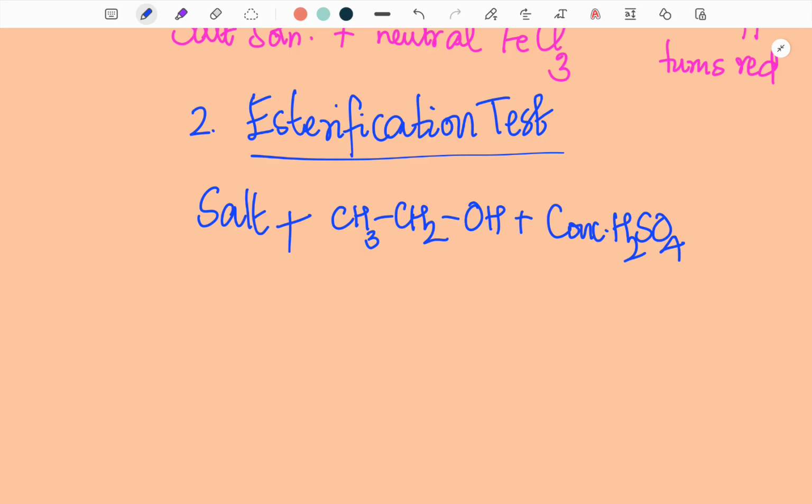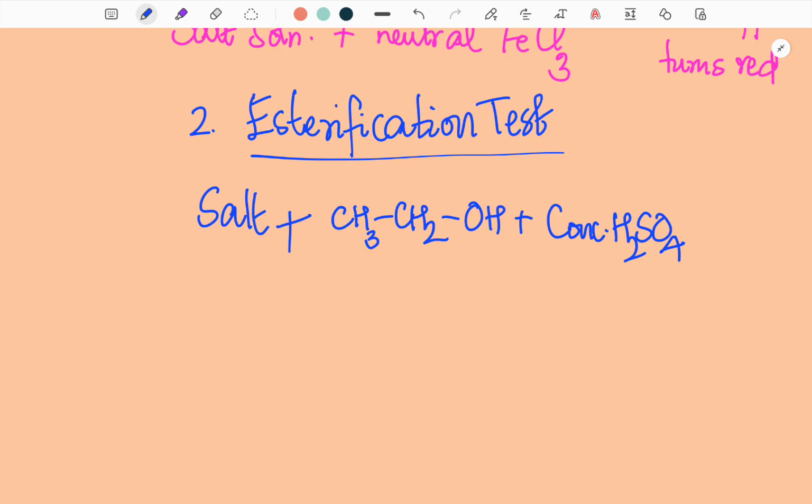You have learnt that for esterification you require concentrated sulfuric acid because it is a strong dehydrating agent. Actually, you can even use any other concentrated acid which works as a dehydrating agent, but normally we use concentrated H2SO4. You can also use concentrated H3PO4, that is phosphoric acid, for esterification.